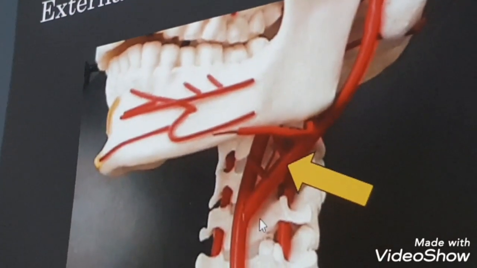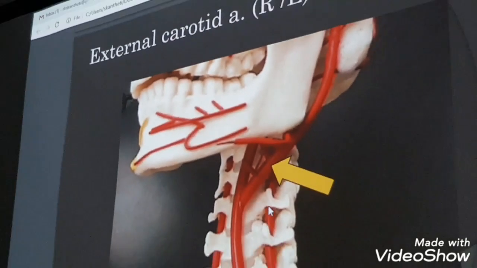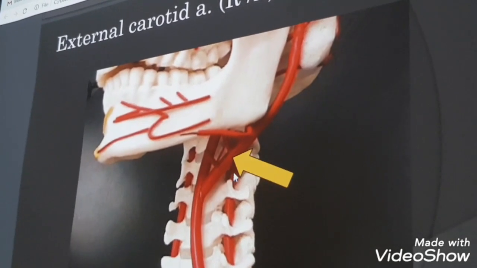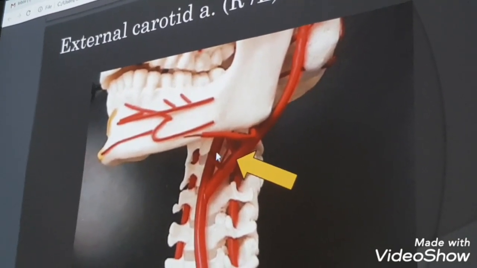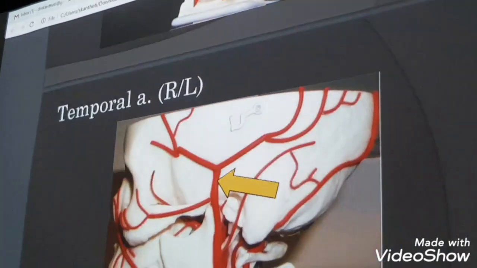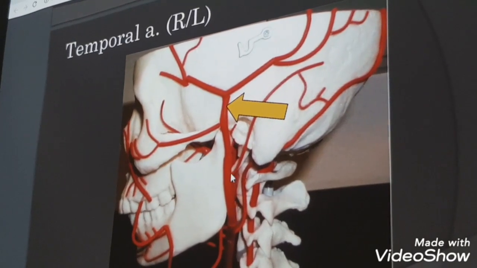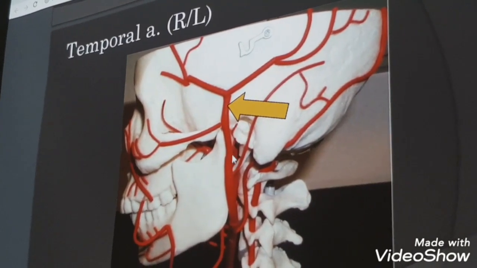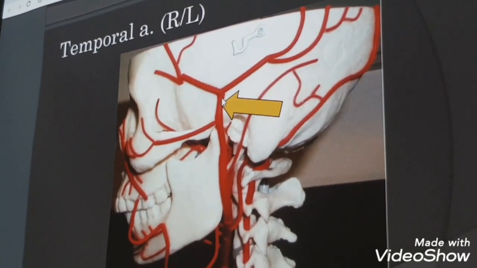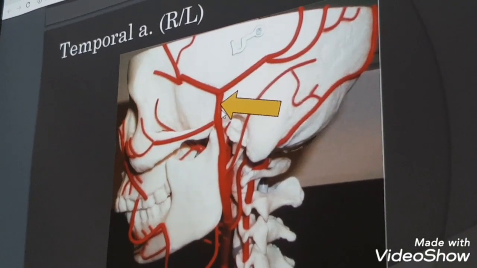And so now same thing, but what are these again? Vertebral arteries. So this one is the common carotid. This is external. And then what was this one? Internal. Awesome. So if we were to follow the external further up, we would see a branch called the temporal artery.